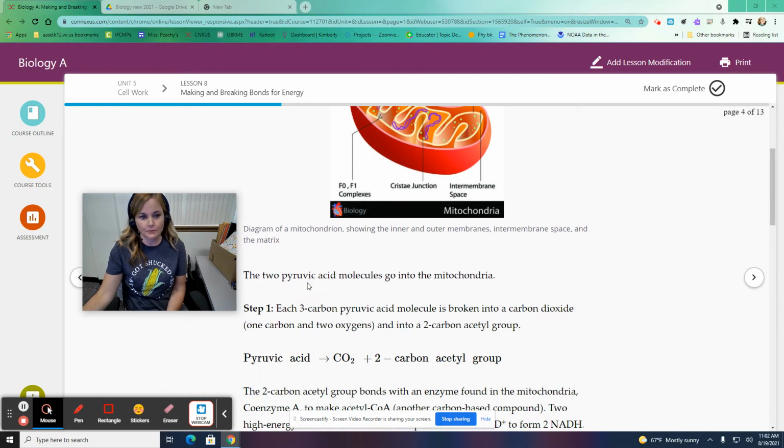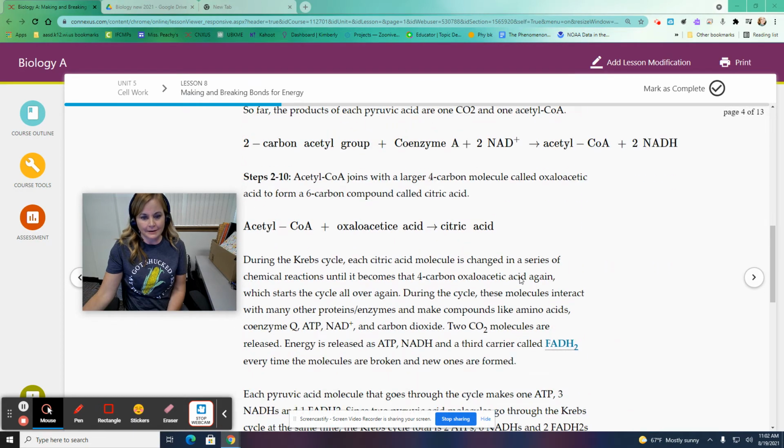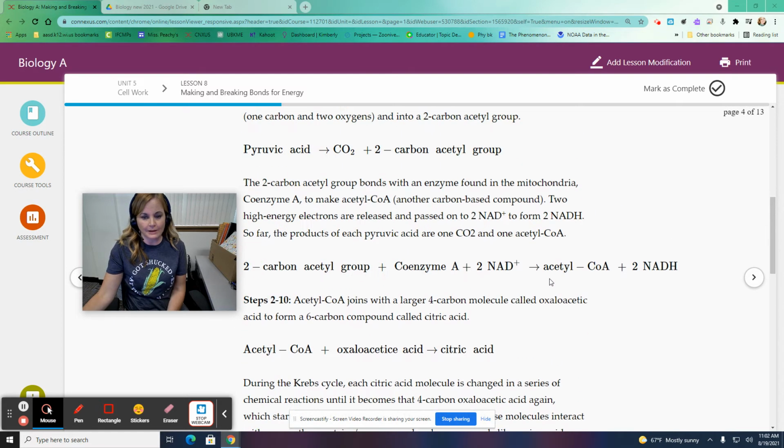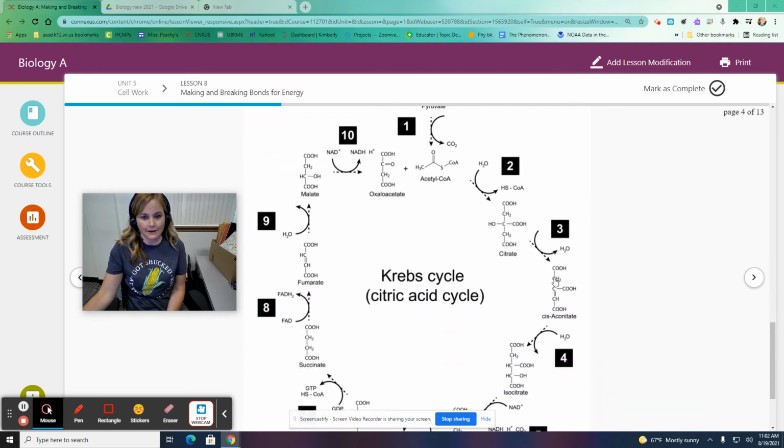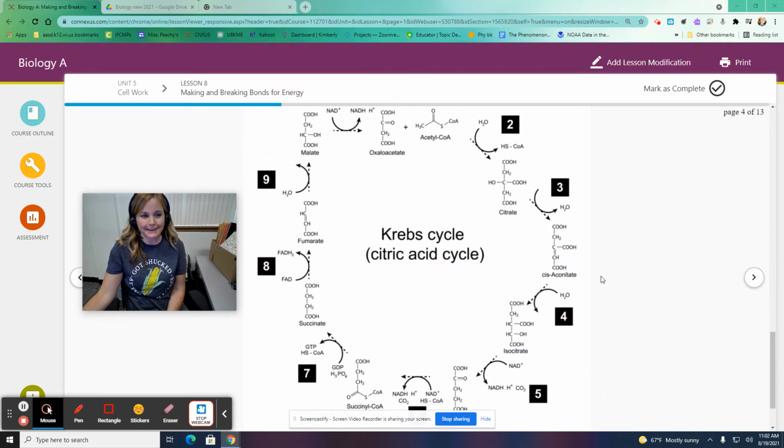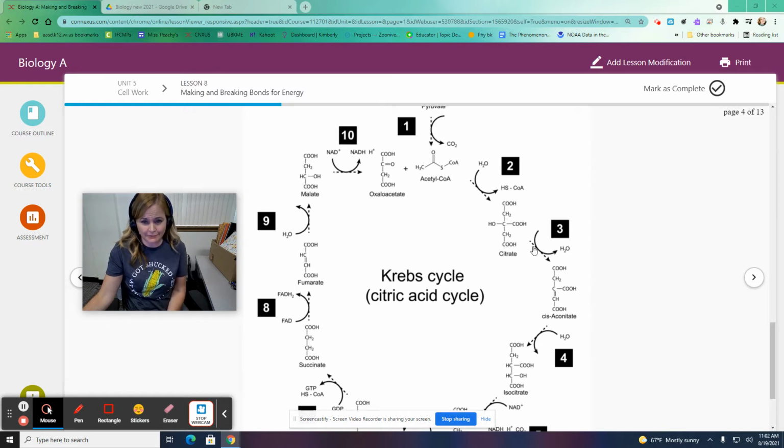So the 2 pyruvic acid molecules go into the mitochondria, and then they are broken down further in multiple steps to eventually make some more energy carriers. This is very complicated. Sometimes the Krebs cycle is called the citric acid cycle, by the way. Do not memorize this.